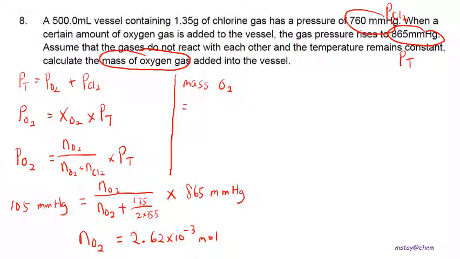So we are going to use the number of moles, 2.62 exponent negative 3 mole, multiplied with the molar mass, 32 gram per mole. In the end, we will get the mass of the oxygen gas as 8.38 exponent negative 2 gram.